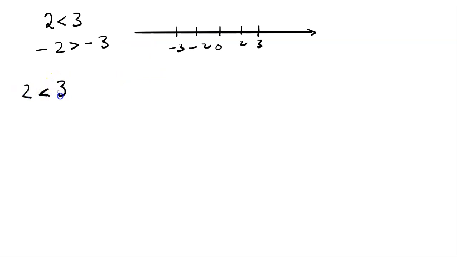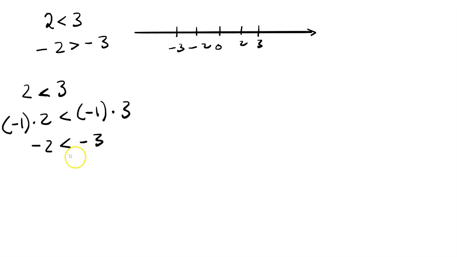2 less than 3. Let's say we multiply both sides by -1. If we didn't switch here now, what would we get then? We got -2 less than -3. So if we didn't switch this, we get a contradiction to this one, because this one and this one don't say the same thing.